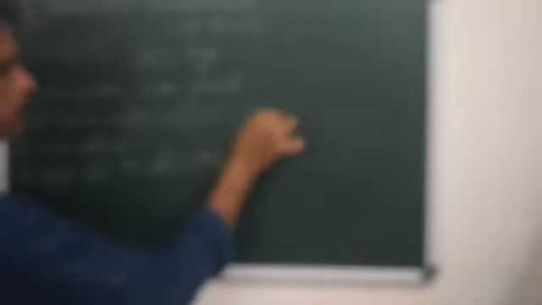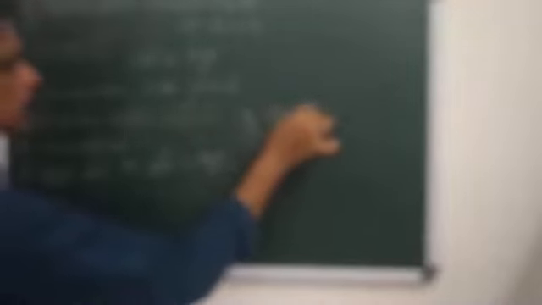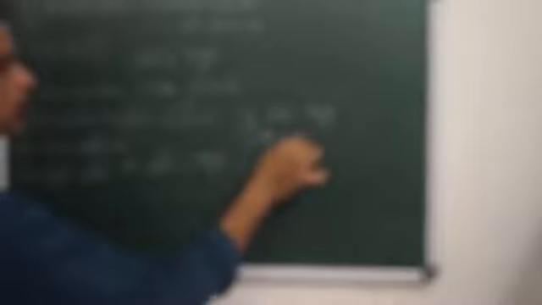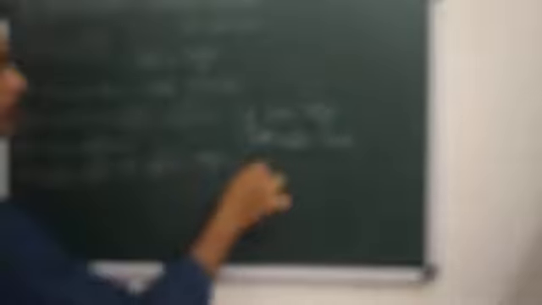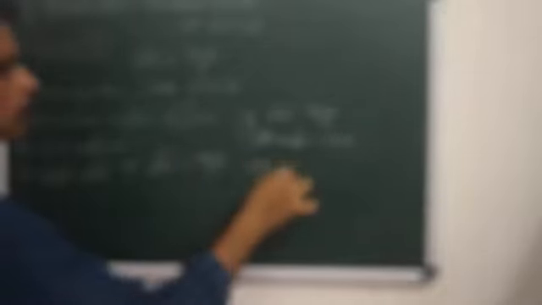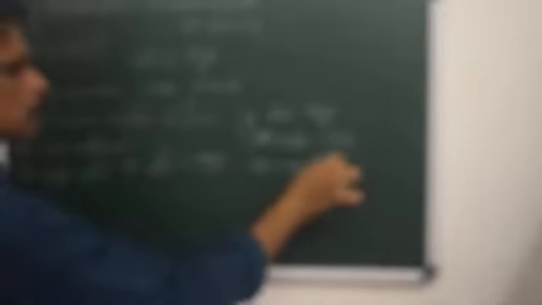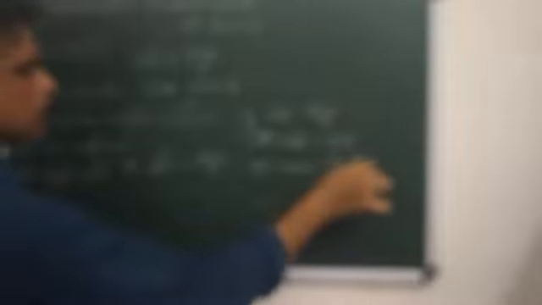Now, what about the equality? Consider the equality, if root AB equals A plus B by 2. What do you get? That implies 2 root AB equals A plus B. This implies and is implied by 4AB equals A square plus B square plus 2AB, if you square on both sides. So 4AB equals A plus B whole square, that is this one.